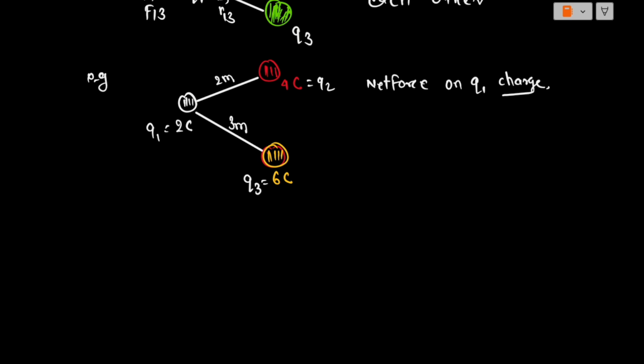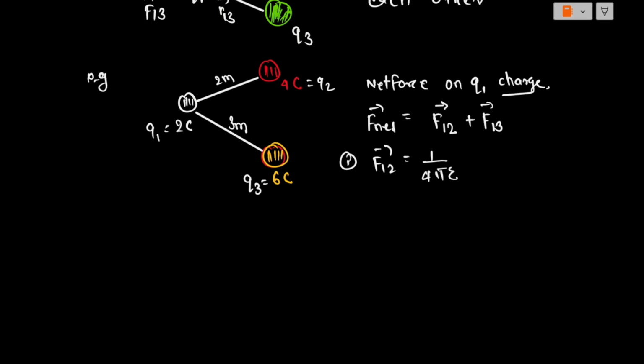Now to calculate the net force on the q1 charge, we write the force between the first and second charge plus the force between the first and third charge. We have to calculate the individual forces, and then add them for the net force. The first force would be F12. How can we calculate it?